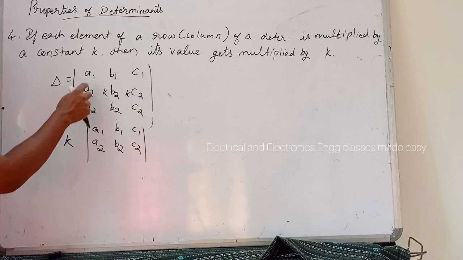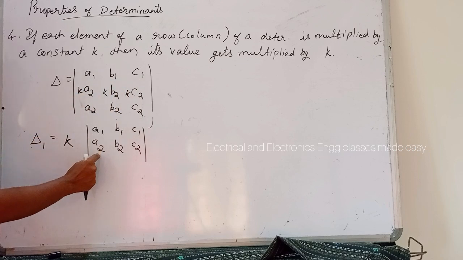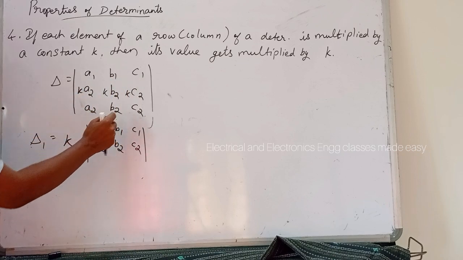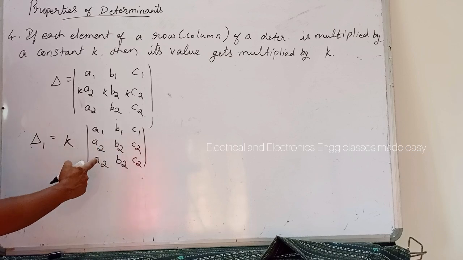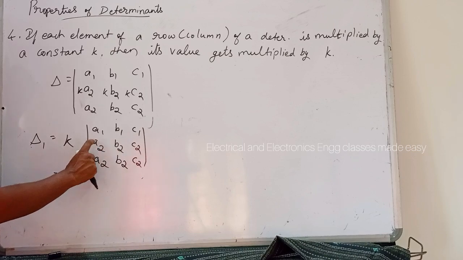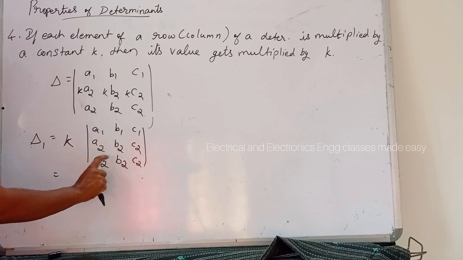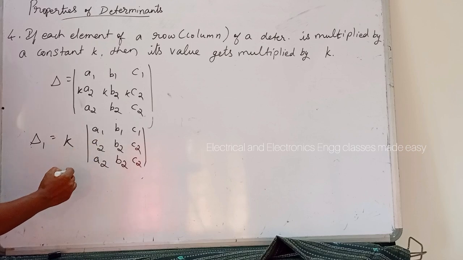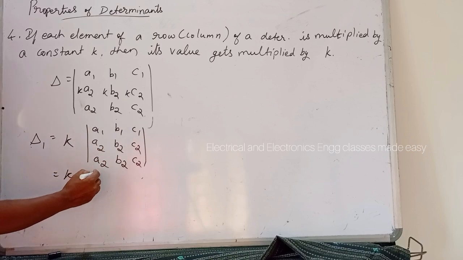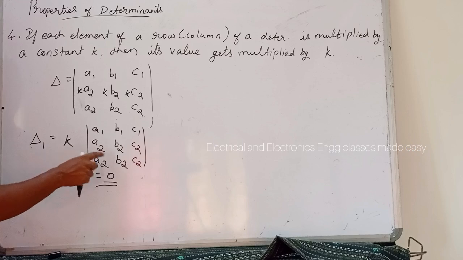So k into A1 B1 C1, here we will get A2 B2 C2, and this row also A2 B2 C2. Here these two rows are identical. So this is the third property. By the third property its value is 0, because if any two rows or any two columns are identical, then the value of determinant will be 0. So its value will be equal to 0 in this case.